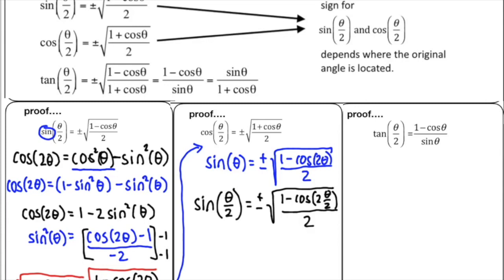You can see that the 2's cancel out, and at the end of the day we get the final version: sine of half theta, or theta divided by 2, equals plus or minus the square root of 1 minus cosine theta, all over 2.